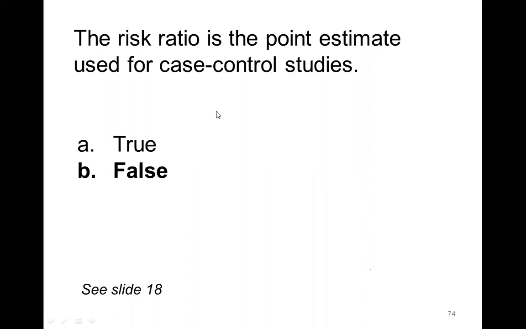Well, odds ratio, right. And Brady, you're correct that the risk ratio is the right point estimate for cohort. So good job.